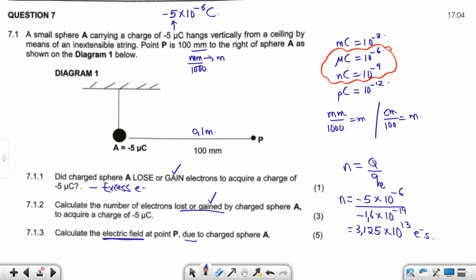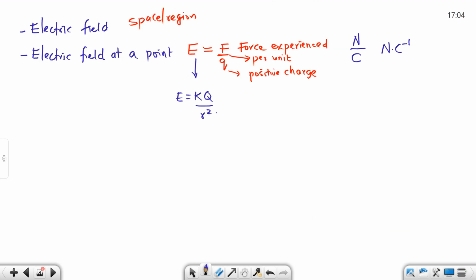Why? Check what we have. We have Q and we have R. So those are the two things that will help us. We have Q and we have what? R. And we are looking for what? E. Can you see the connection? You're looking for E, you've got Q, you've got R, and K is a constant. So what do we have? 9 times 10 to the power 9.